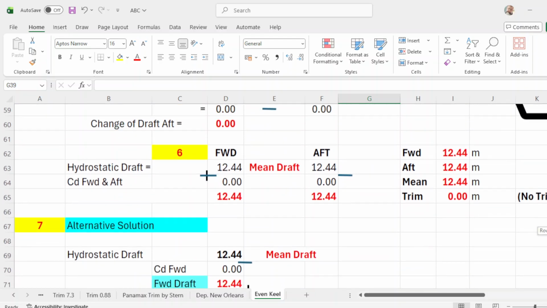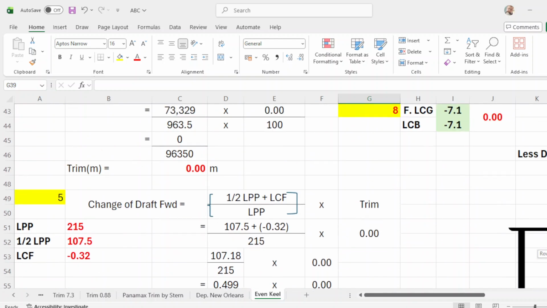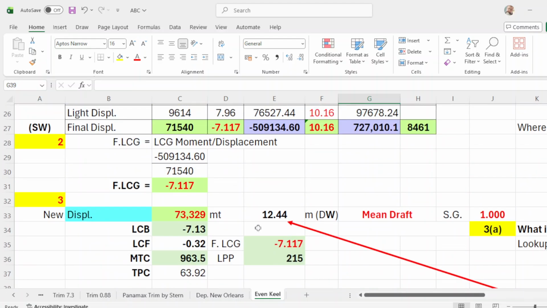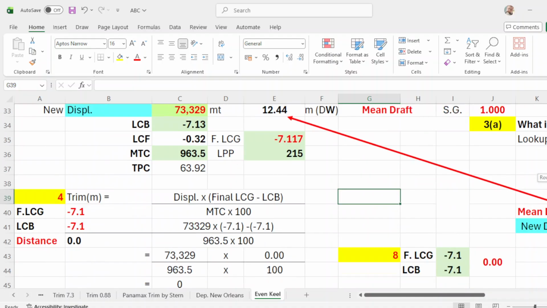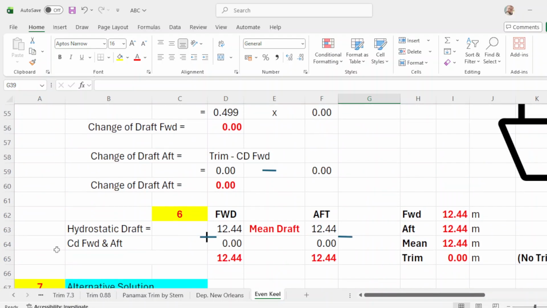So now apply your drop forward, which forward drop is 12.44, which is your mean, and change of drop forward and aft is 0. So your final departure drop is even keel of 12.44.